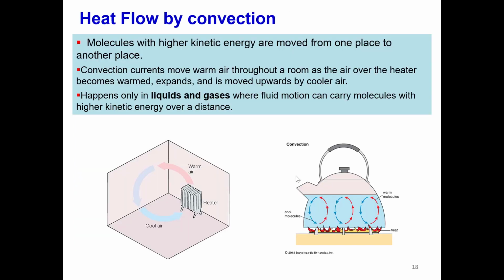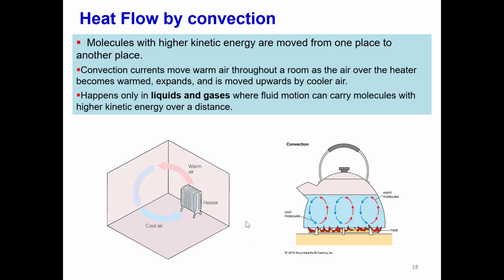Heat can also flow by convection. We already discussed that molecules with higher kinetic energy can move from one place to another. This is the case for liquids and gases.